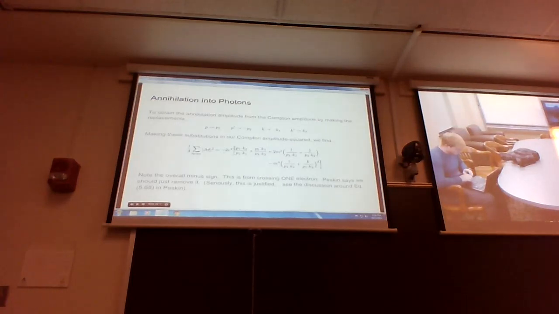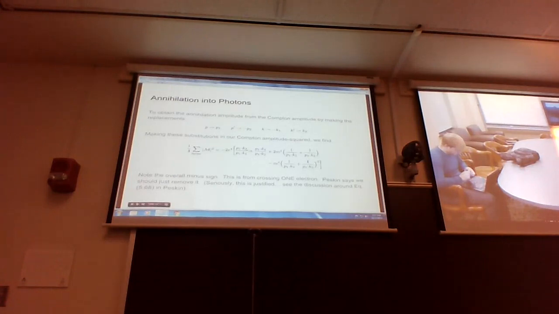So the electron mass is small, right? If you take the massless limit, you can drop these terms. What you can show is that this stuff right here, because it's a ratio of t and u type invariants, will be positive definite.